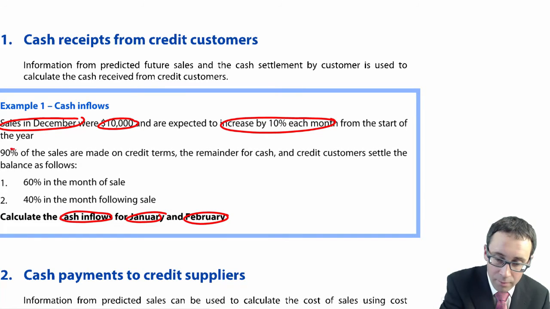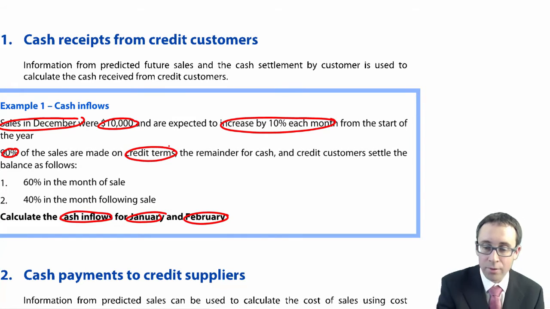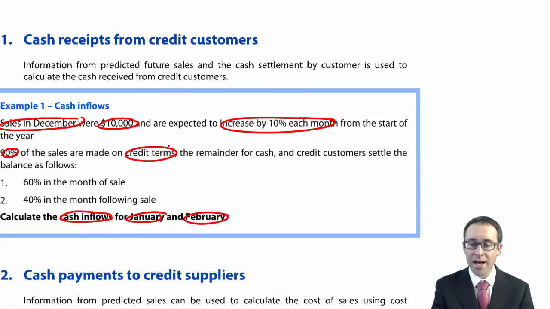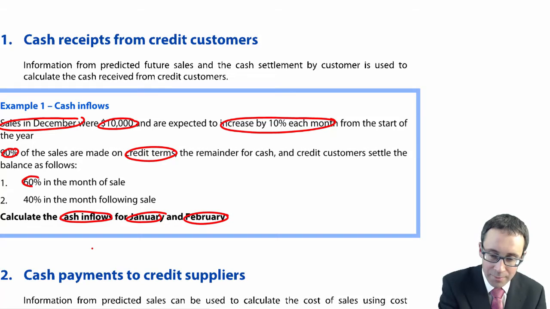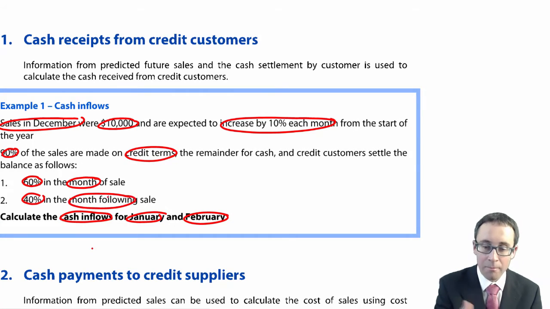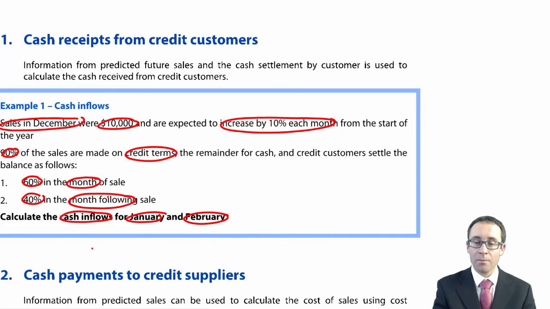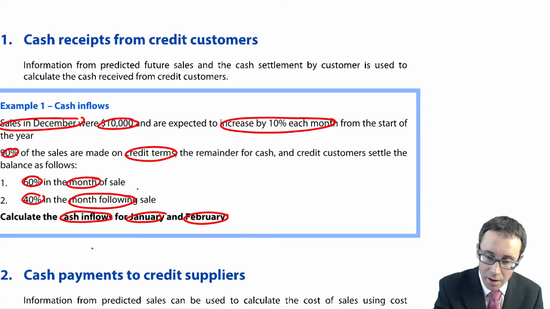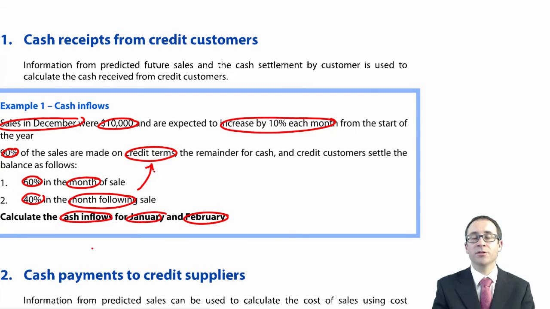90% of the sales are on credit. So that must then mean that 10% are for cash. And the instructions that we're given is that 60% are in the month and 40% are in the month following. Okay, but the key bit is that they are on the sales on credit terms, aren't they?